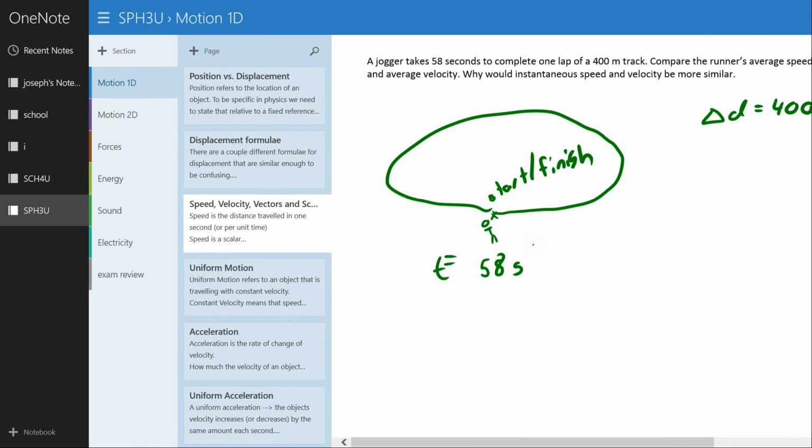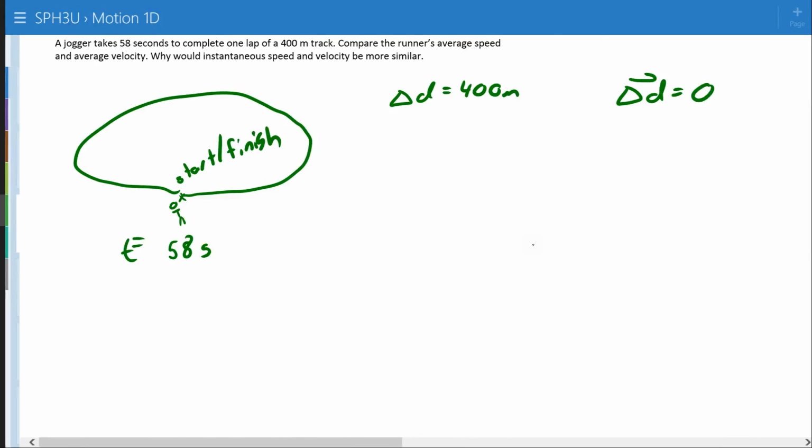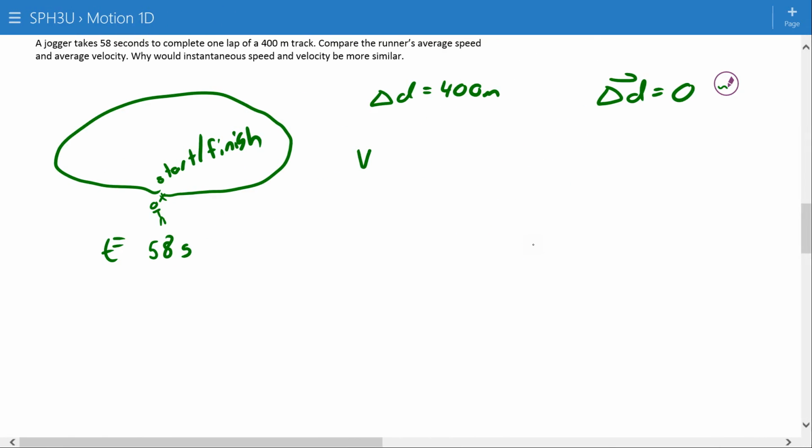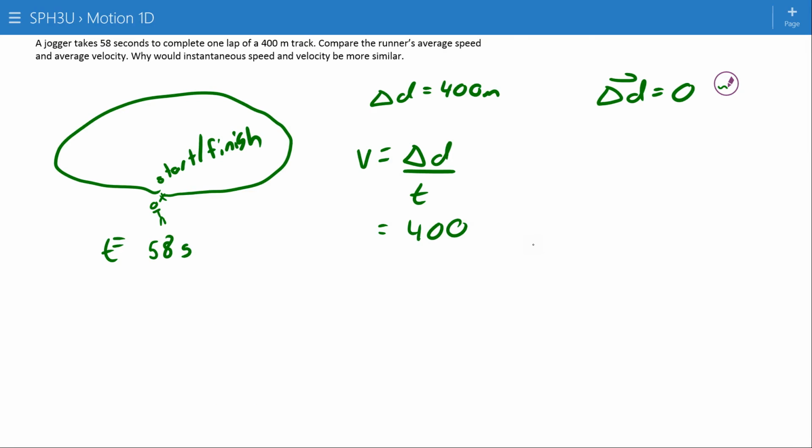If we look at that in terms of the speed of the guy, we get delta D over T, which would be 400 meters divided by 58 seconds, which works out to about 6.9 meters per second.